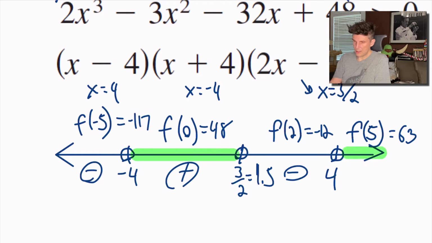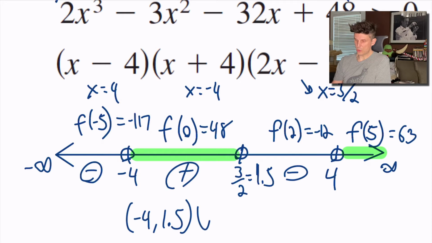Sorry, I should probably write infinities on my number line. That's our solution. Because they're open circles, you would just write interval notation: -4 to 1.5 union 4 to infinity.